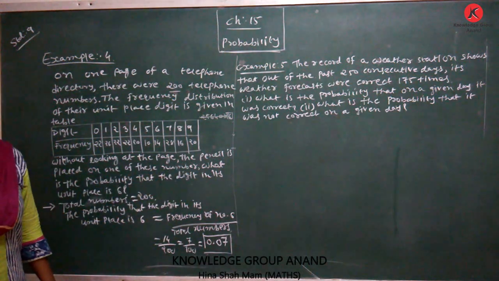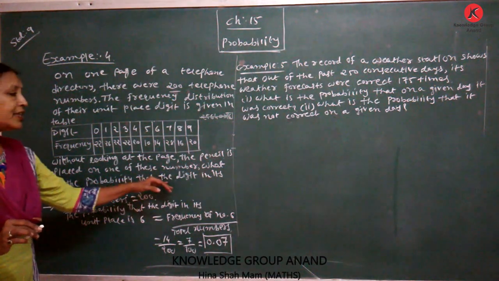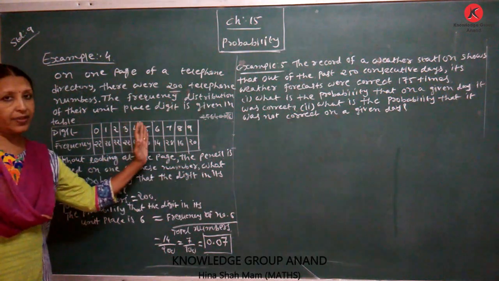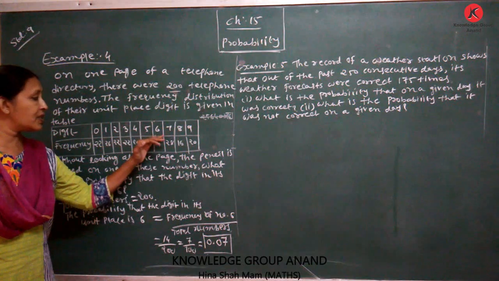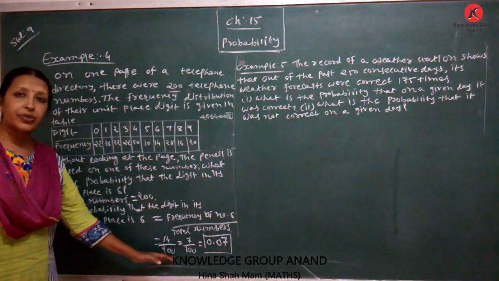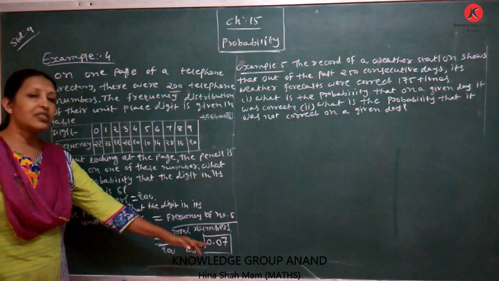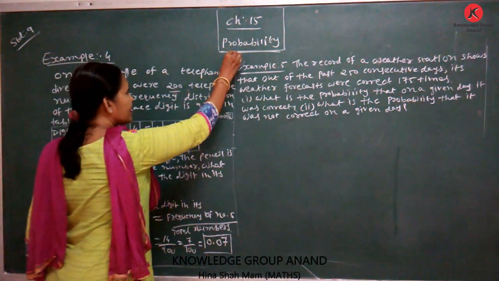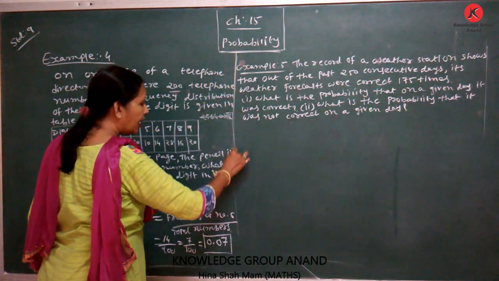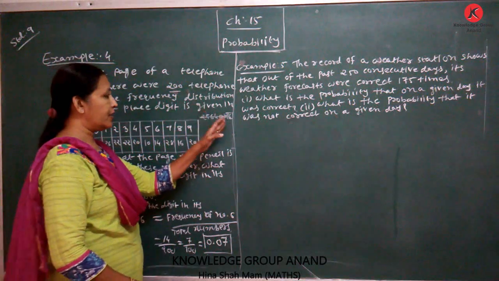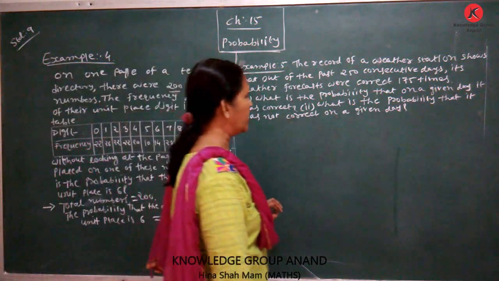What is the probability that the digit in its unit place is 6? First we find the frequency of 6, which is 14, upon the total number, 200. The answer is 0.07. Understood this question? You don't write this here; it is for your explanation.